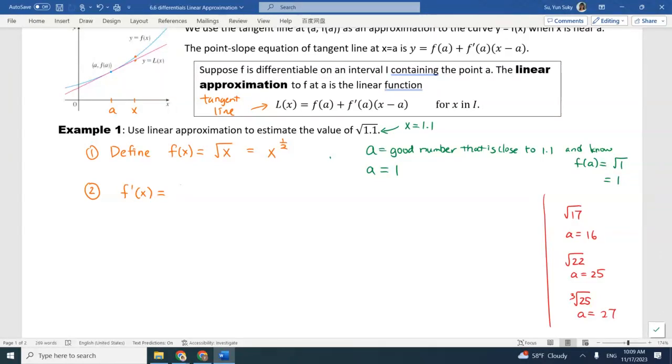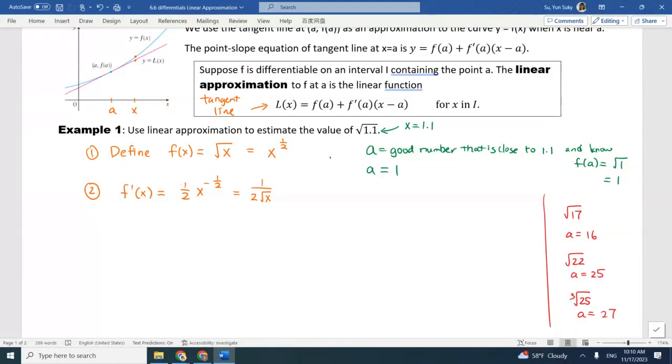The derivative of x to the 1/2 is 1/2 x to the minus 1/2. Yes. This is the same as saying 1/2, and then because it's a negative exponent, it means that factor is in fact in the denominator. Right, everybody?